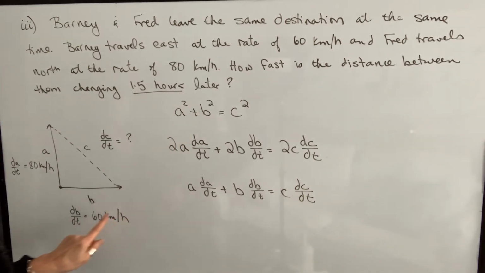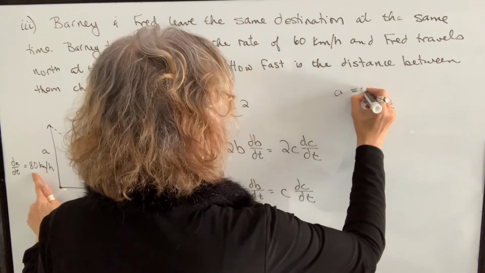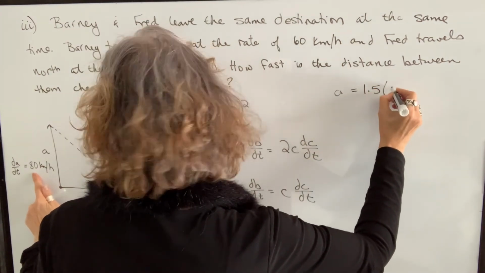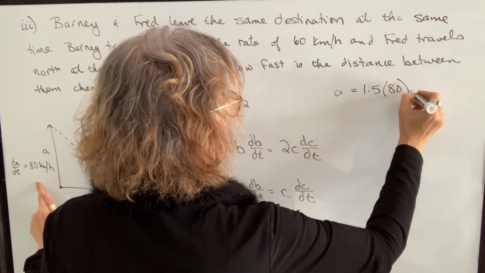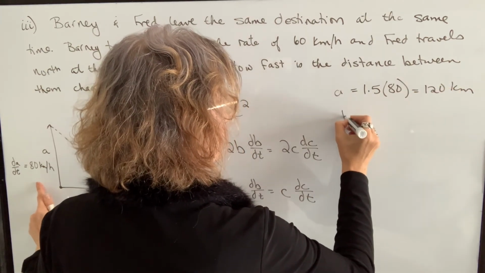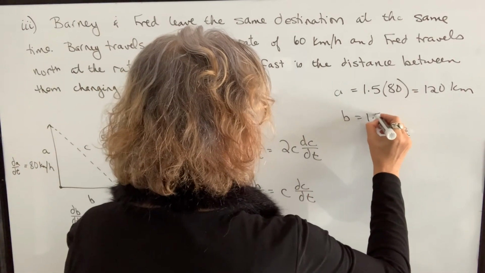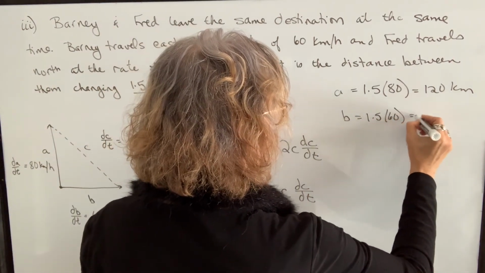I can find how far Fred has gone in 1.5 hours. I just take Fred's rate times 1.5. So A will equal 1.5 hours times the speed of 80, which gives me 120 kilometers. I do the same thing for B. In 1.5 hours, Barney will have gone 60 times 1.5, which would be 90 kilometers.